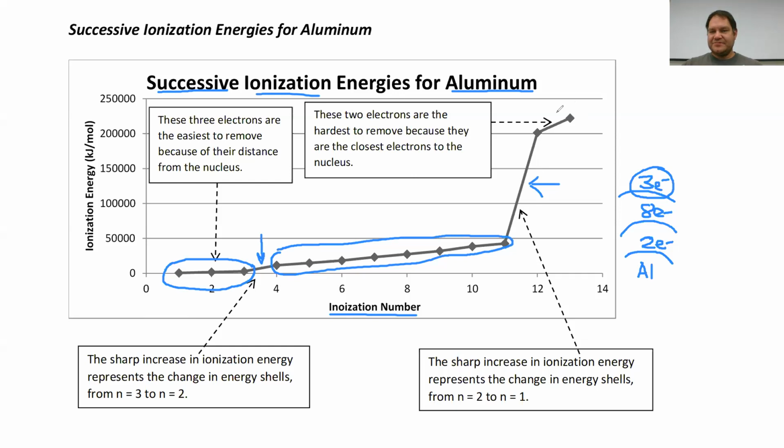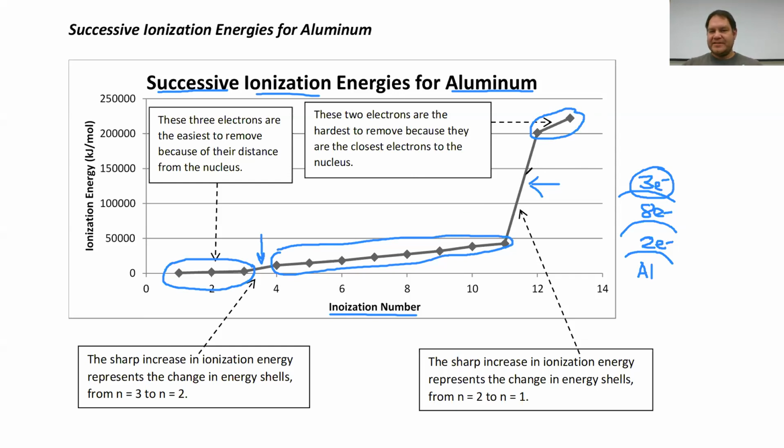And then we have these 2 electrons that need to be removed. Where are they being removed from? It's from the first shell. These are the ones that are closest to the nucleus. These are the electrons that the nucleus has the strongest attraction for, and therefore the hardest to remove. It's going to take a lot of energy to get these 2 electrons off of the atom, much more energy than what these first 3 require.